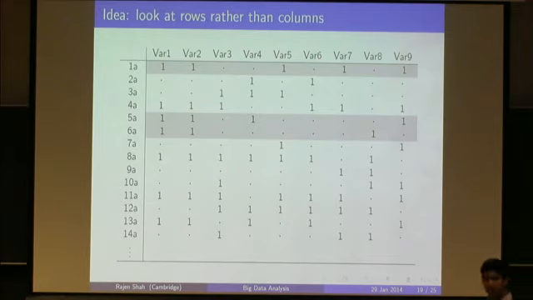So another way of approaching this, which doesn't seem to have been done by anyone actually, but it's quite a neat idea, I think, is to look at rows rather than columns. So just pick a random set of rows here and ask the question, what is common amongst all of these rows? Okay. So if we look at what's common amongst all of these, we see, oh, there's a 1 in all three of these, there's a 1 in all of those.